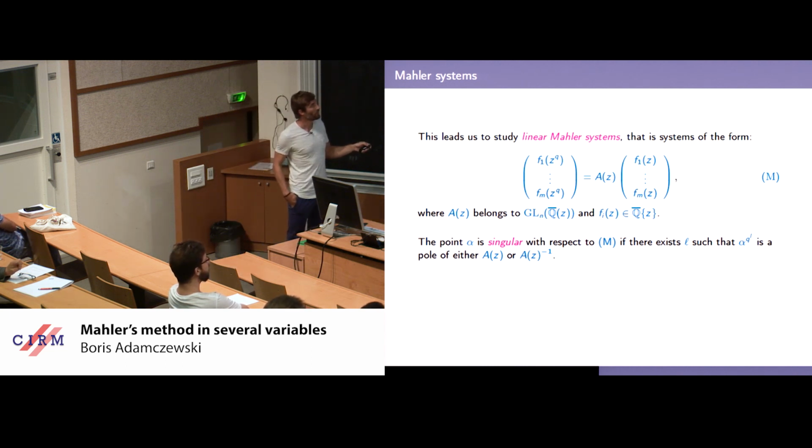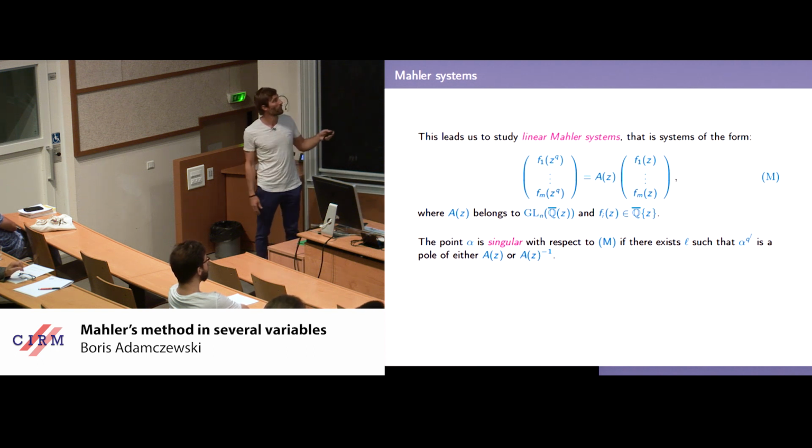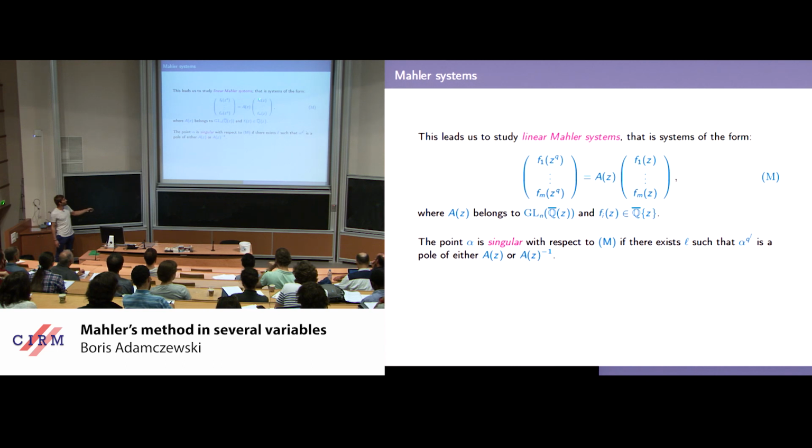But outside these special points, the guess is that the algebraic relations between the functions f1, ..., fm of z at algebraic points are totally governed by the algebraic relations between the functions themselves. So this is the idea of Mahler's method. It transfers the relation between numbers to relation between functions.